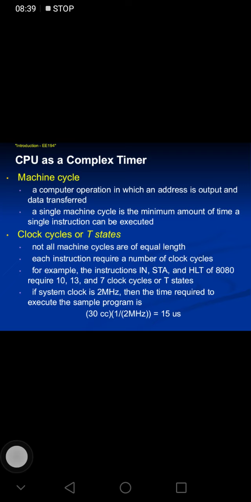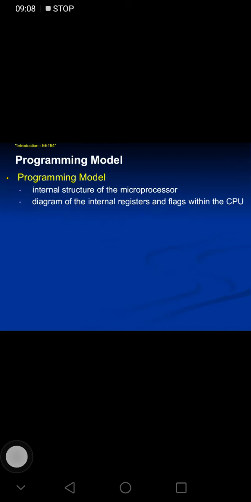Every instruction has a certain amount of time required para mangyari yung kanilang na-stored na instruction. Okay? So if system clock is 2 megahertz, then the time required to execute the sample program is 30 clock cycles, or we have 1 over 2 megahertz or 15 microseconds. No? So iba-iba sila. So this will be the computation.